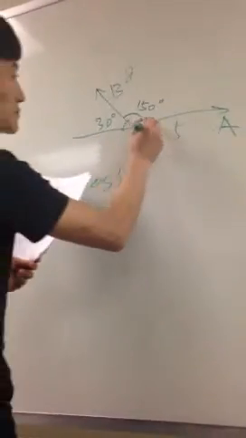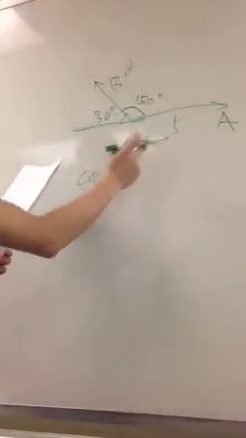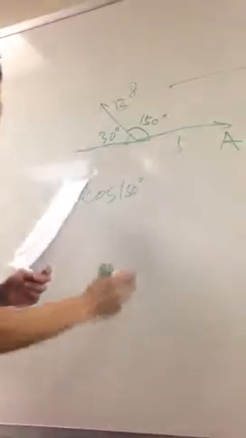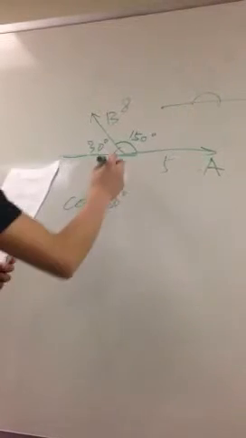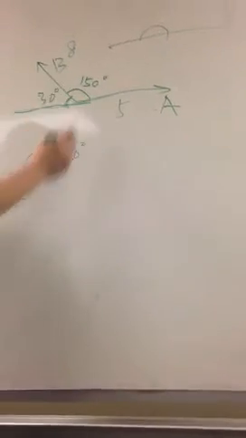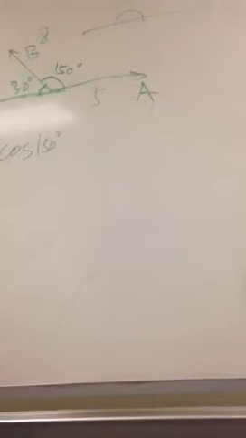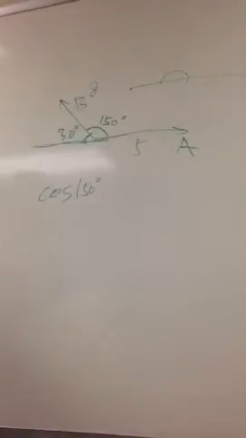And how do you get 150? For a horizontal line, it's 180. They only gave you 30 there, so here is 150, 180 minus 30.